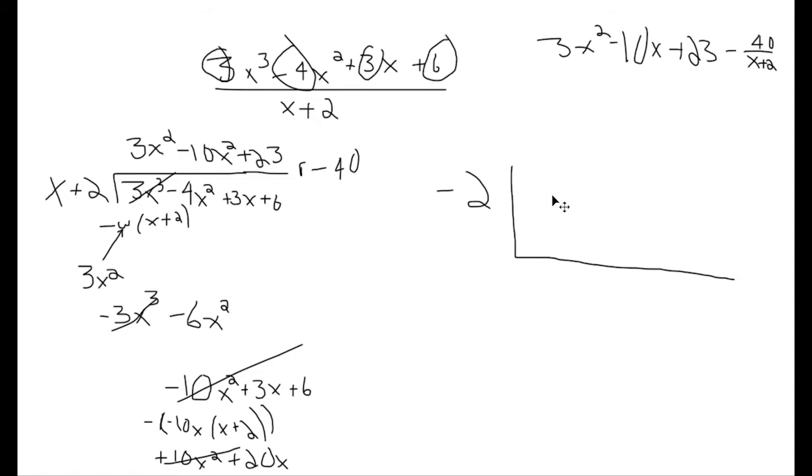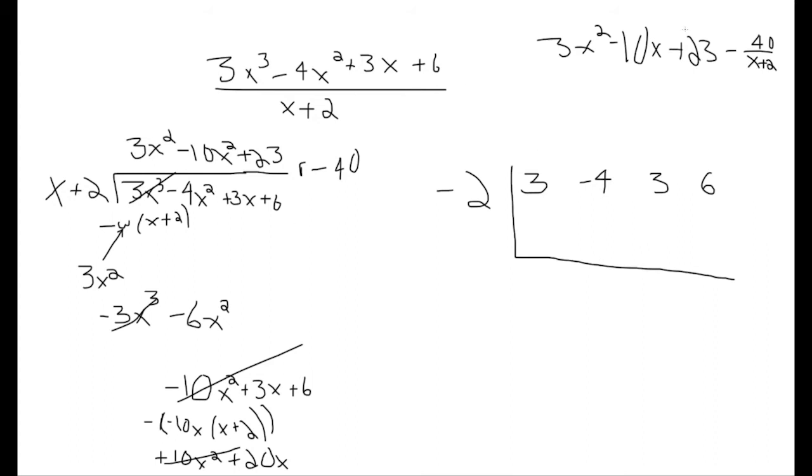Okay, you would write them all out. So you would write 3 to represent the coefficient over here. Then you would write negative 4 to represent the second coefficient, and then 3, and then 6. Okay.